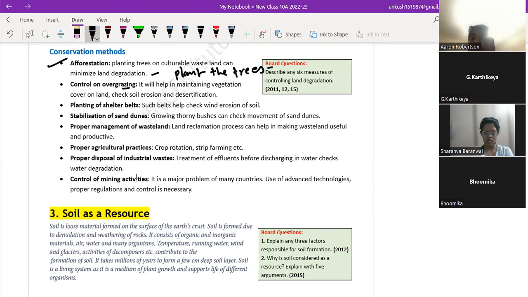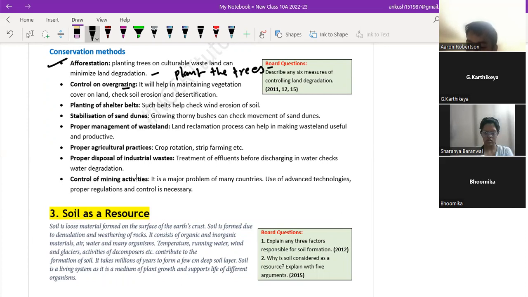We should reserve those areas where overgrazing is taking place. It will help in maintaining vegetation cover on land and checking soil erosion, degradation or desertification. Checking soil erosion means its nutrients or fertile soil would not travel from one place to another. It will remain there and grow the vegetation cover on the land.